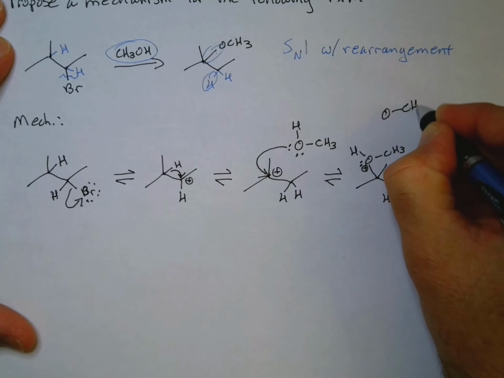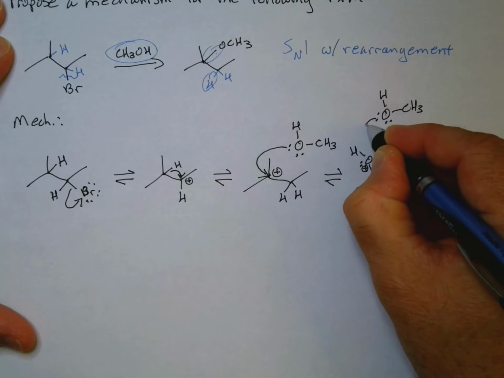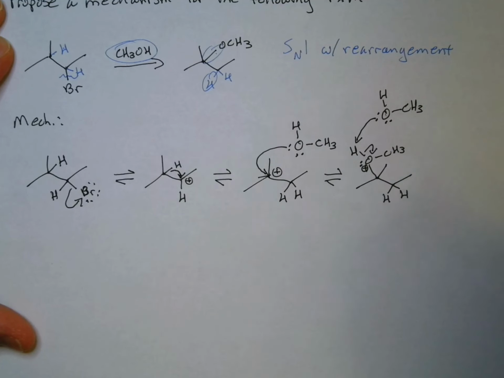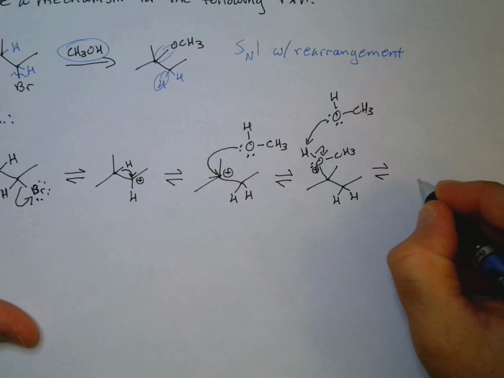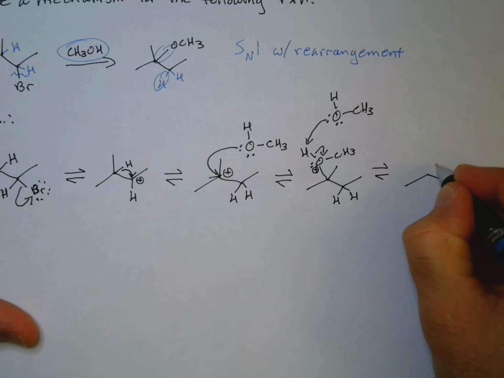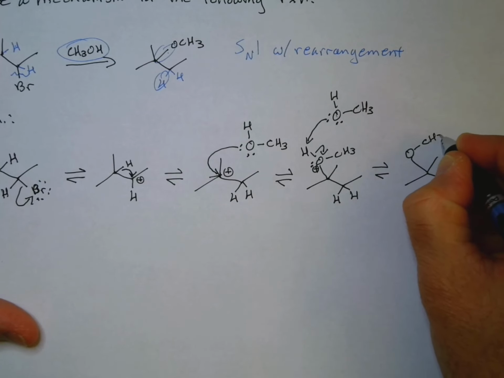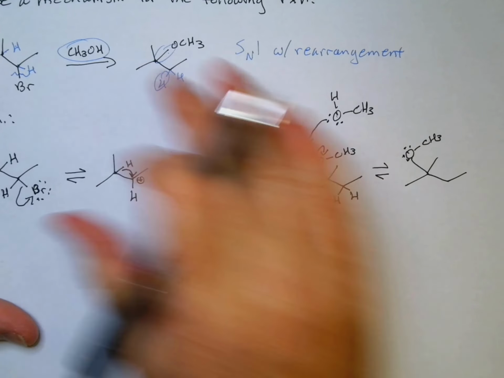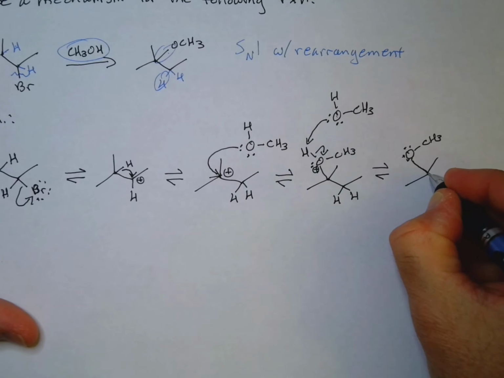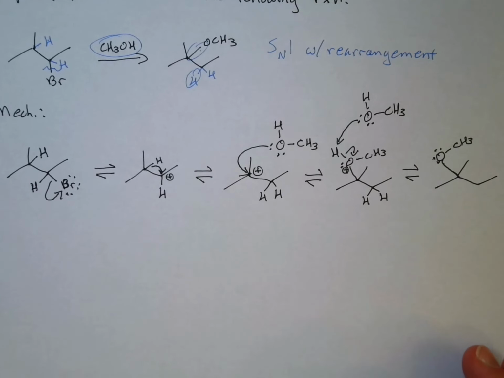So another molecule of methanol can come along and remove that. And now we'll get our product, which is the same as that, just rotated around a little bit. So there's my mechanism with a rearrangement.